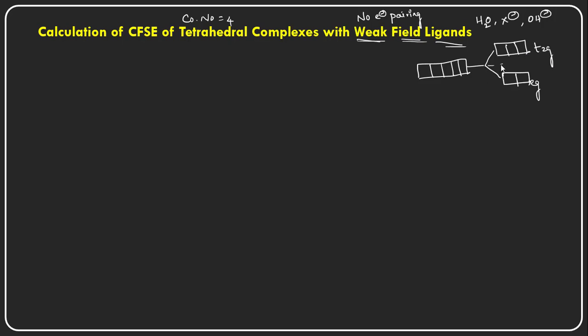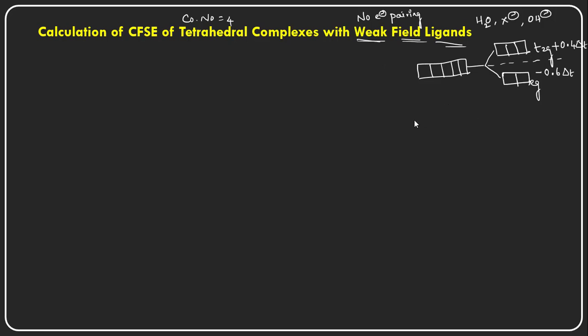They are separated by an energy barrier in such a way that Eg orbitals decrease their energy by minus 0.6 delta T, and T2g orbitals increase their energy by plus 0.4 delta T. So this is the crystal field splitting in the tetrahedral complexes.